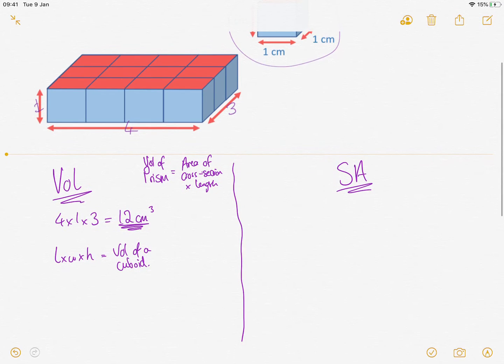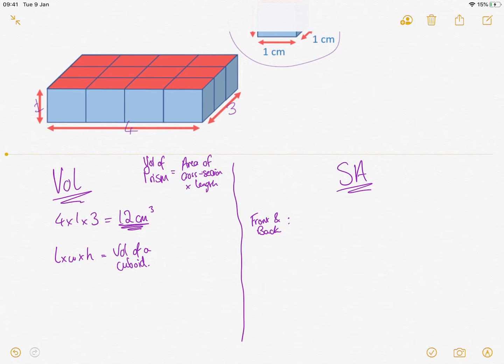Right, surface area. So I need the area of all my surfaces. Well, this is just a reminder of how we laid it out in class. We'd start off by calling it front and back.